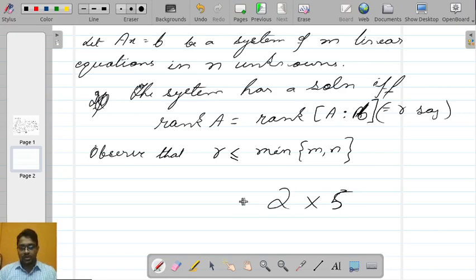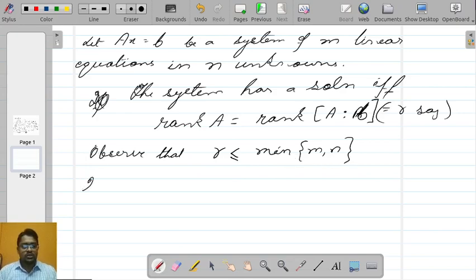Rank is always at most the minimum of the number of columns and number of rows. If you have a 4 by 3 matrix, the maximum possible rank is 3. It cannot be a rank 4 matrix. These are from matrix theory itself.